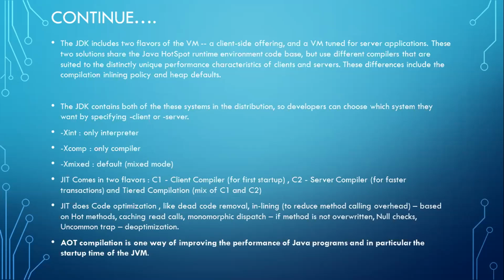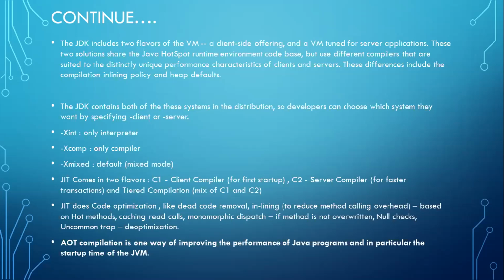Are you able to see that option, -Xint? You are telling the JVM that only interpretation should be in action and no just-in-time compilation should kick in. The next option is -Xcomp, with which we are telling the Java runtime environment to use only compilation.